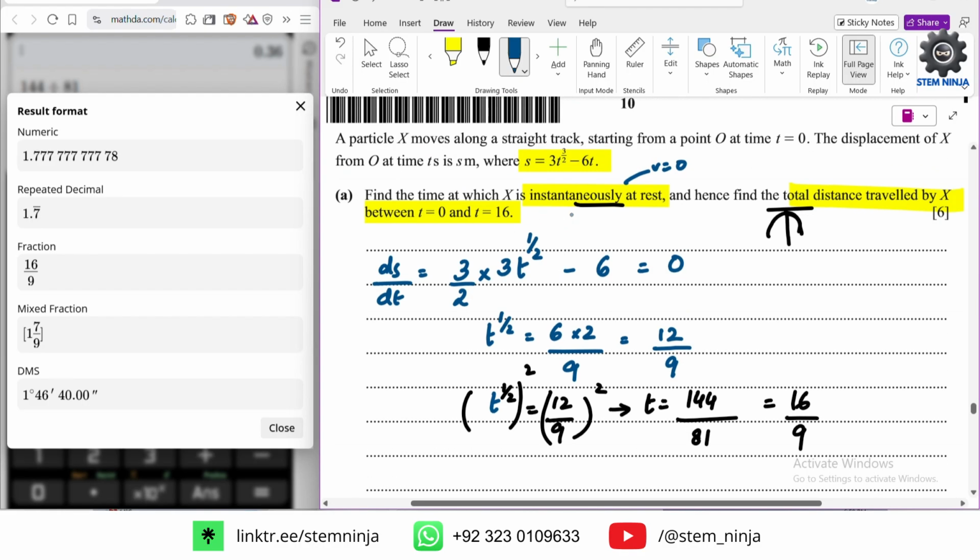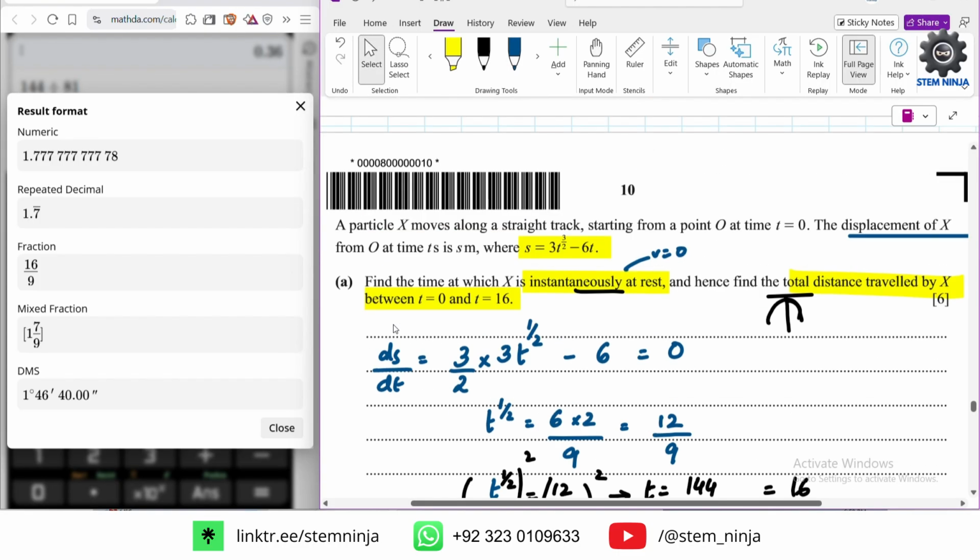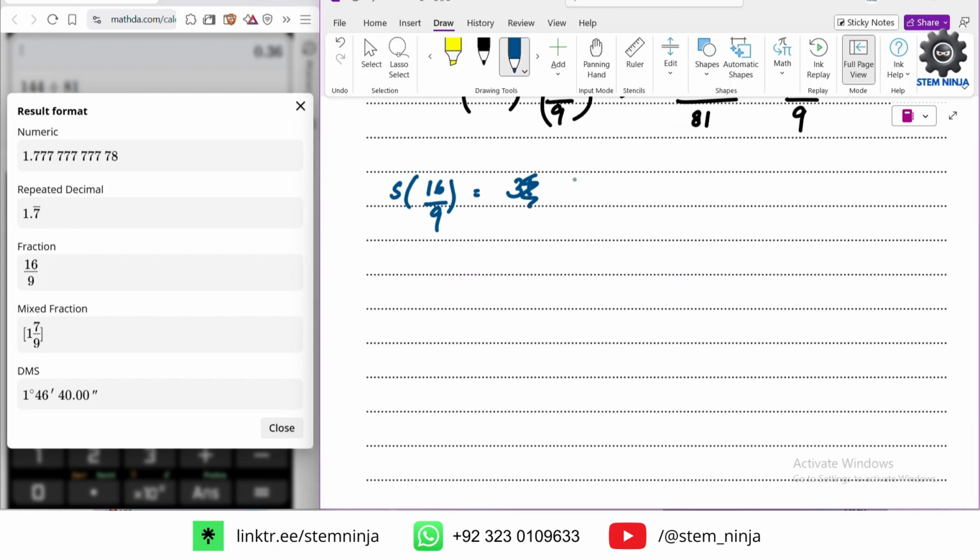This is the displacement of x, right? So first we need the displacement up till 16 over 9. So s of 16 over 9, basically this is a function, right? So 3t to the 3 over 2, minus 6, at 16 over 9.